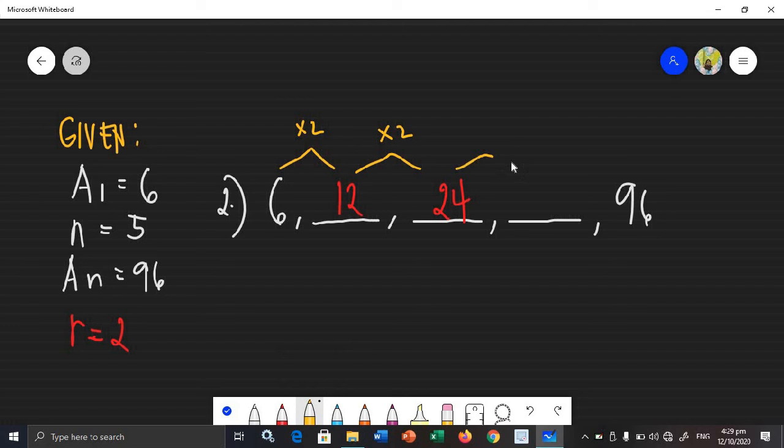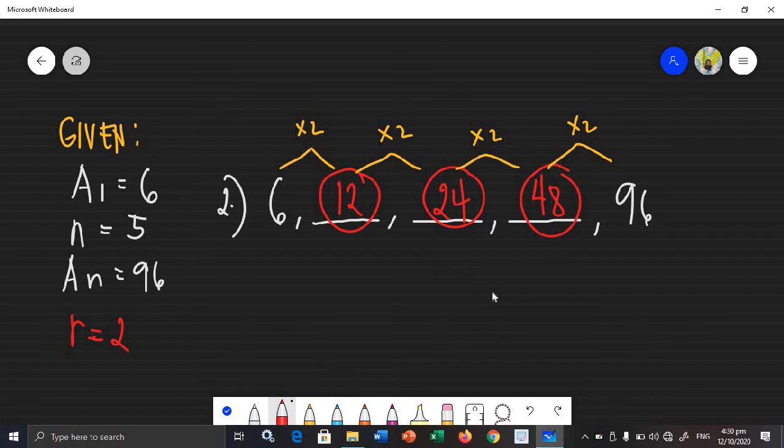Okay? Next, 24 times 2. The answer is 48. And then check natin if the sequence is correct. 48 times 2, the answer is 96. So therefore, the value of the means of the given geometric sequence are 12, 24, and 48. So that's how you get the nth term and the geometric means of the given geometric sequence.